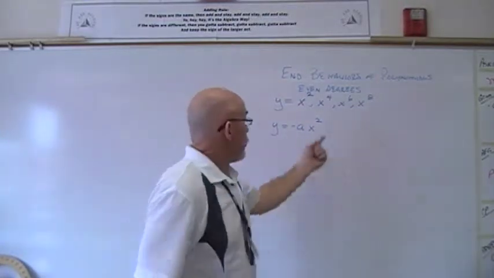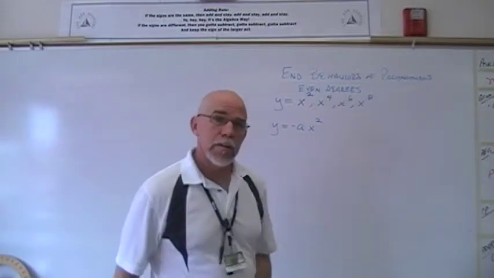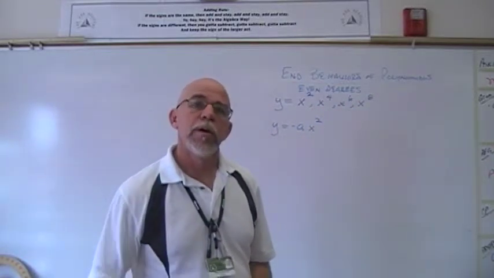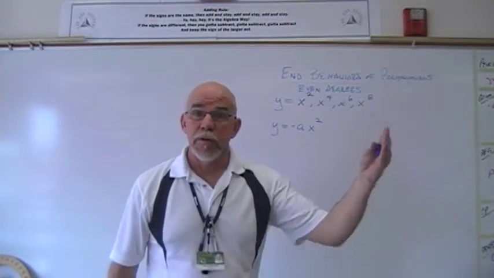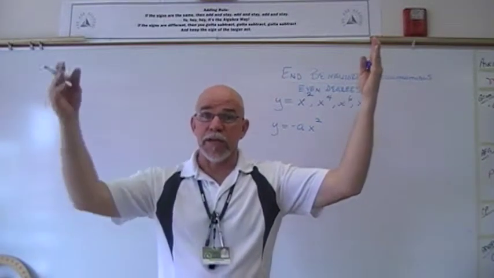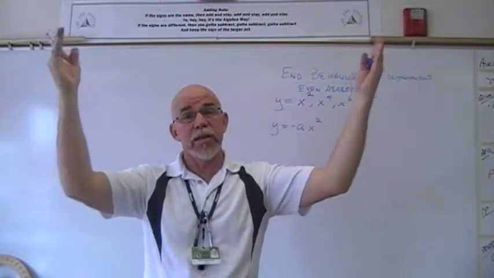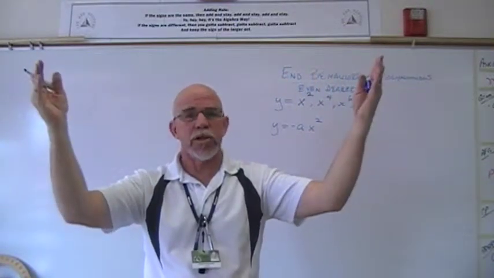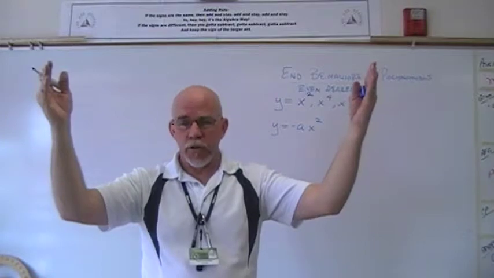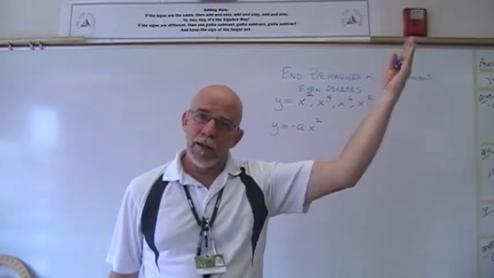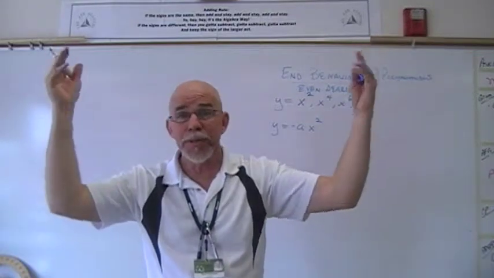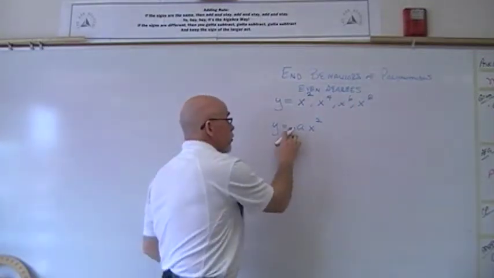Guess what? With all these other even polynomials, the end behaviors are exactly the same. If a is positive, the right-hand and the left side are going to be doing the same things, just like a quadratic. A fourth degree polynomial has end behaviors that are the same. If one end opens up, the other end's going to open up. And what decides it? That leading coefficient.